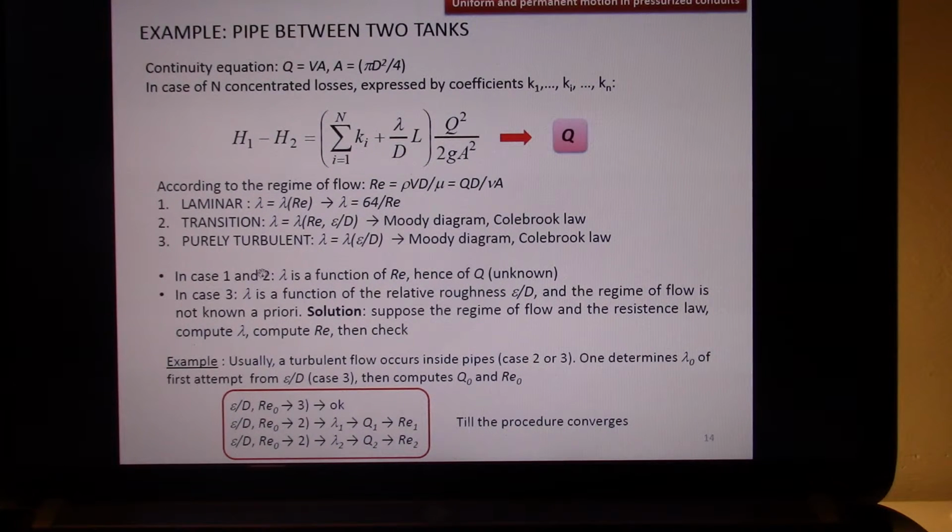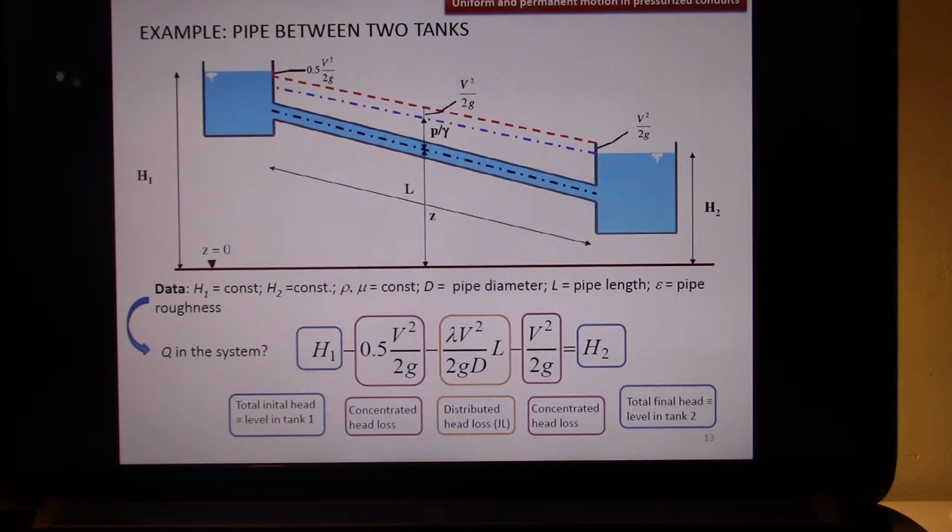So basically, when I compute Q in this formula right here, no one told me what kind of flow is inside this pipe. Well, usually inside a pipe system, you have a turbulent flow.